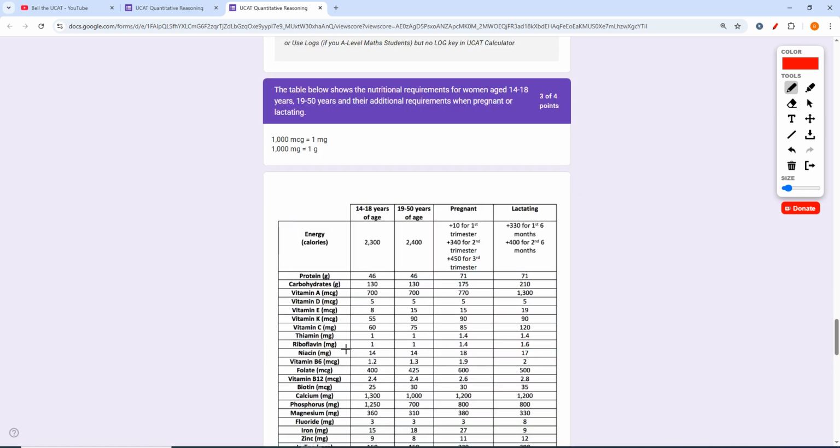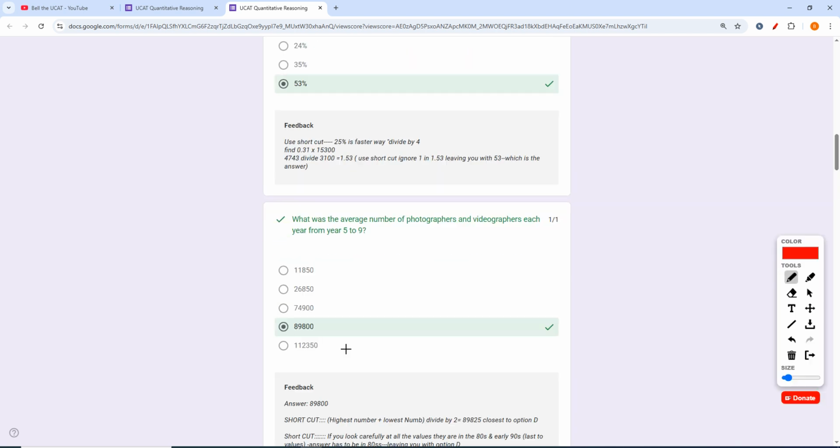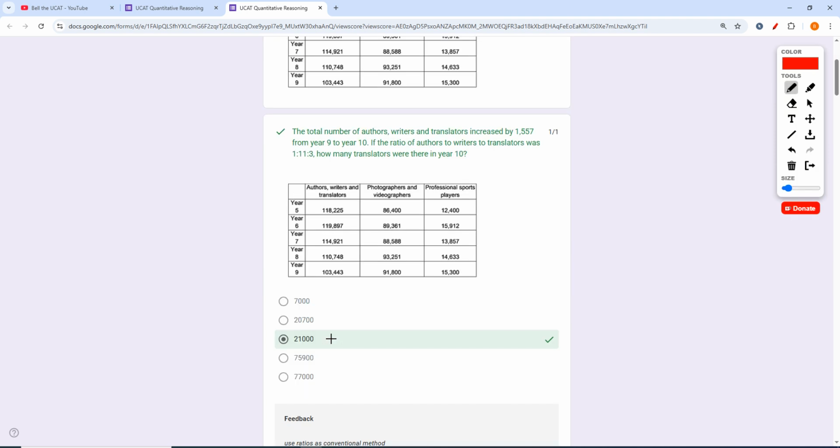So what we did was show speed maths techniques on how to crack these questions, predominantly percentage increase questions. How do I find percentage increase? New divided by old, take away 1, number 1. Number 2, how do we find averages? Instead of adding all of them up, we do highest value plus the lowest value divided by 2, no matter how many values there are.